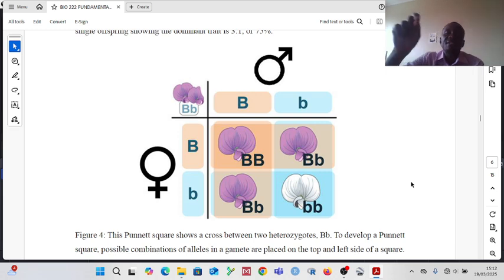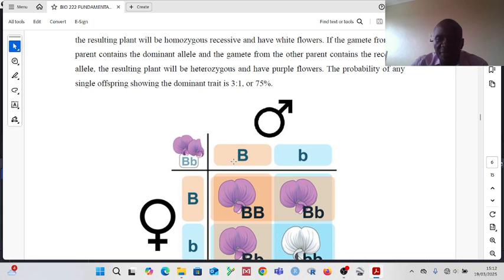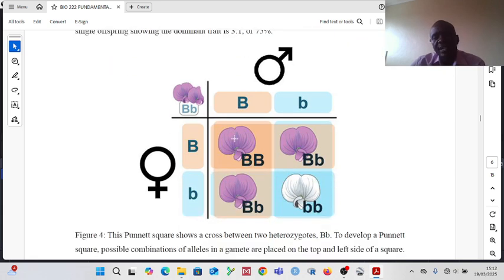So we can have 3 purple and 1 white. Those are the phenotype ratios. 3 purple, 1 white. But in terms of genotype ratios, you have 1 homozygous dominant, 2 heterozygotes, and 1 homozygous recessive. So 1 to 2 to 1.